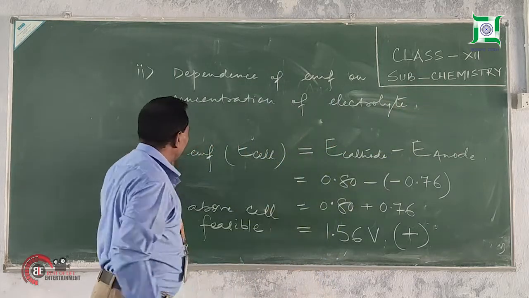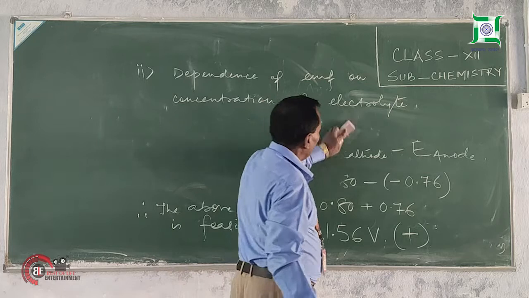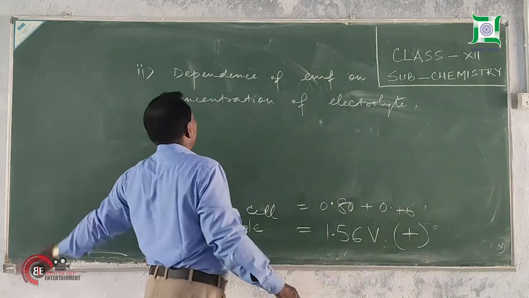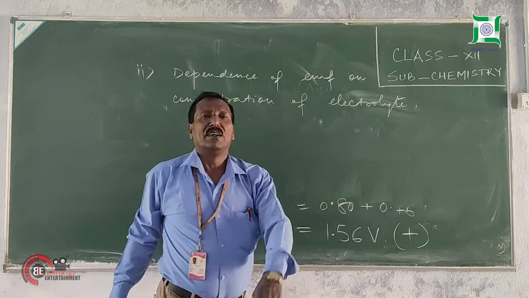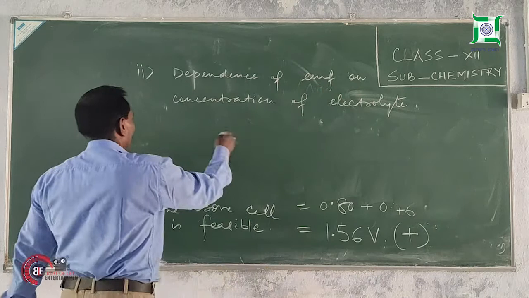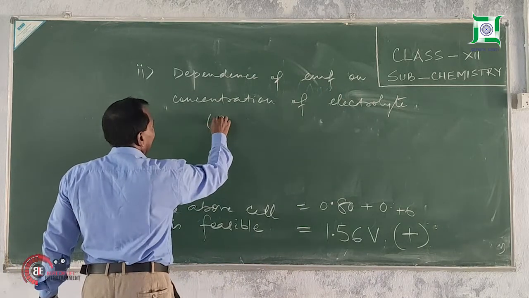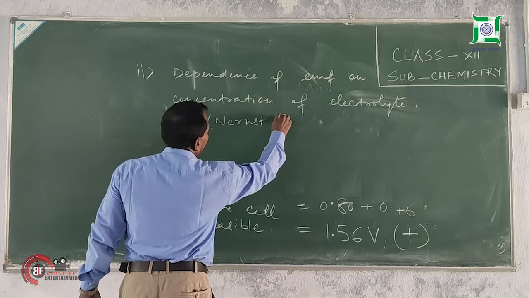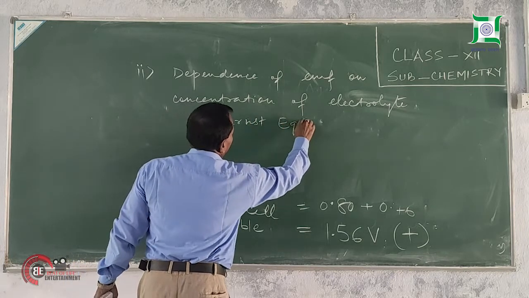According to this application, with the change in concentration of electrolyte, EMF of the cell gets changed. So this is given by Nernst equation.